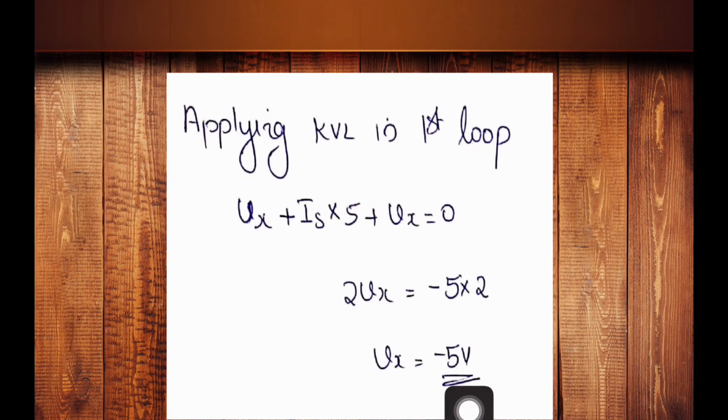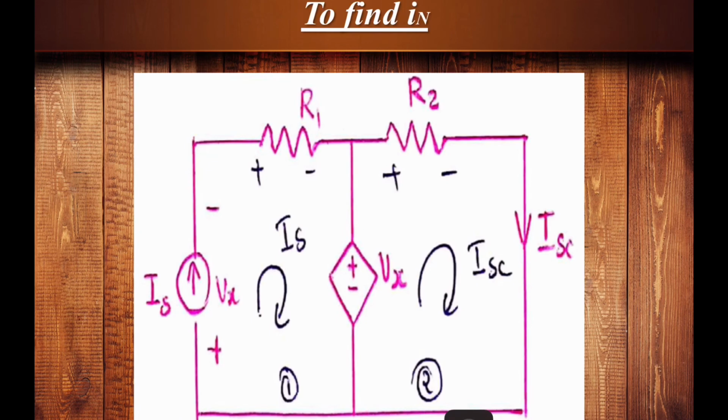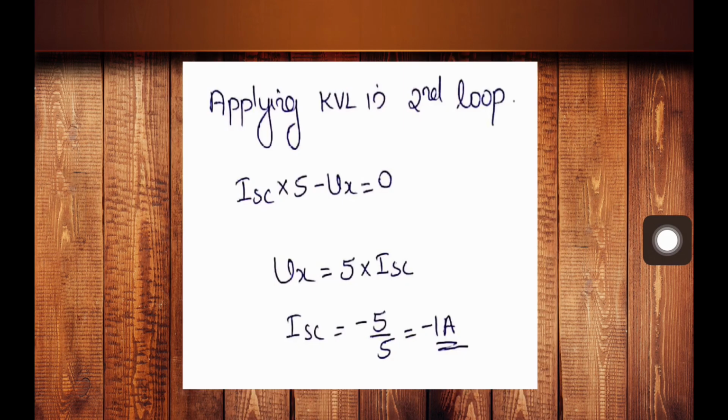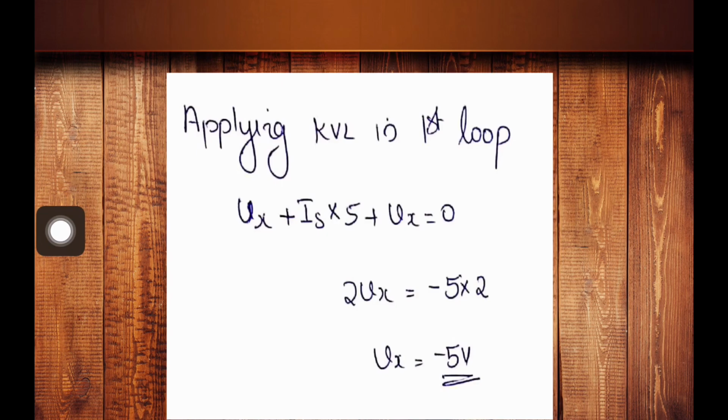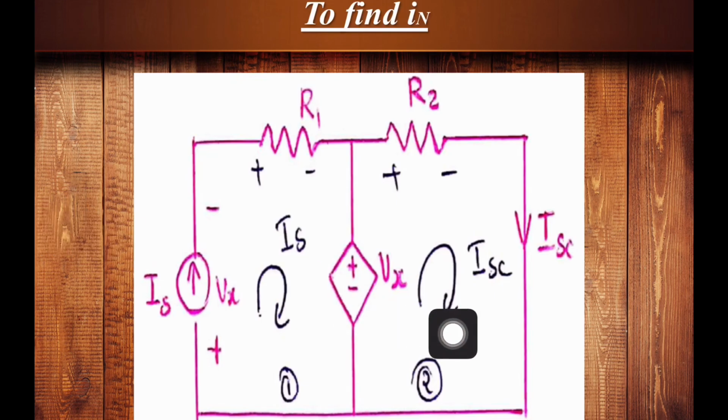Next, we write the KVL equation in the second loop. Starting at this point, first we observe the voltage drop across this resistor R2, which is nothing but ISC into R2. R2 is already given in the question as 5. So we start our KVL equation with ISC into 5. Then the voltage drop across this dependent voltage source Vx with the polarity mark minus plus.